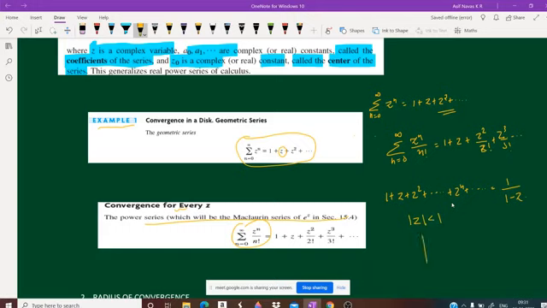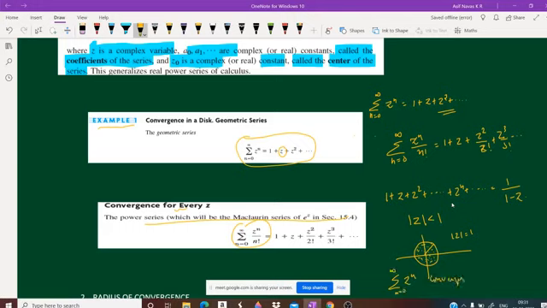So if you take the unit circle, mod z equal to 1, any point inside this circle, the series sigma z to the power n, n equal to 0 to infinity, converges.